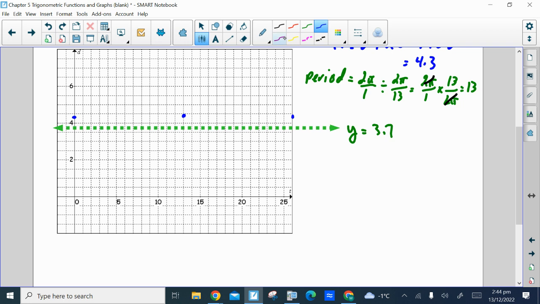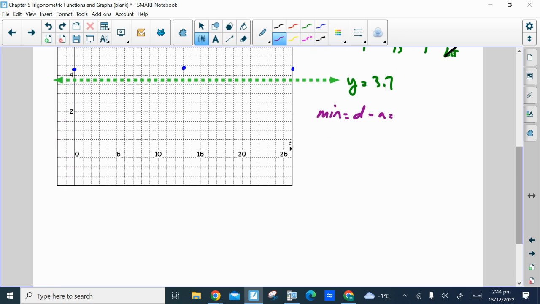Our minimum can be found by going D minus A: the horizontal midline, subtract the amplitude. So that would be 3.7 minus 0.6, which is 3.1. That's the minimum.